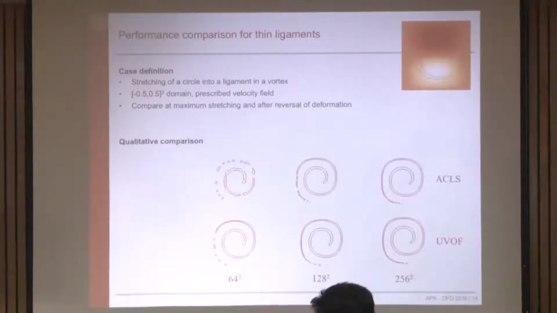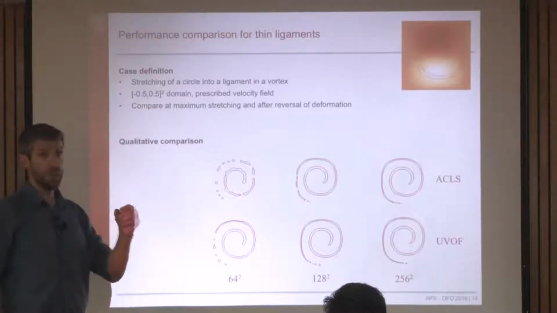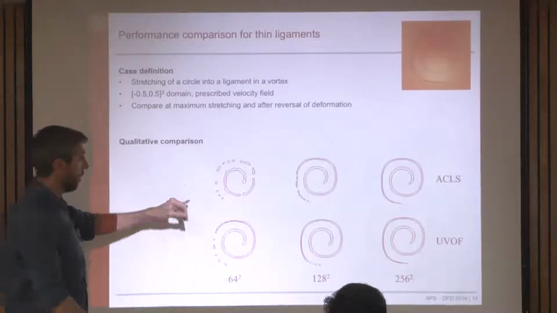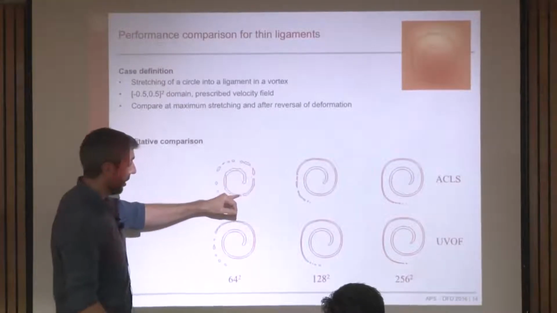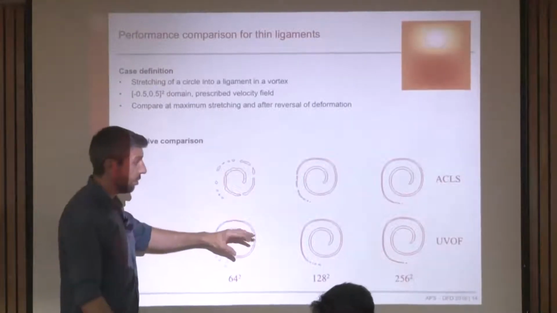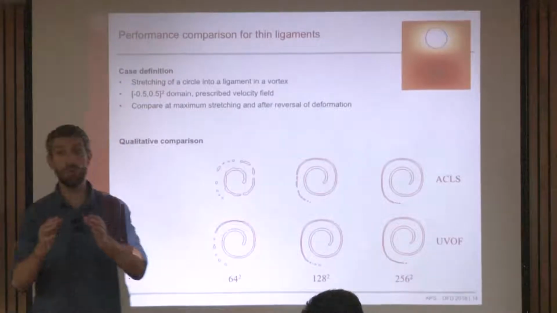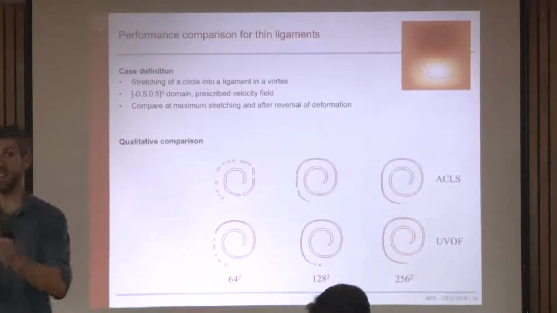We can play with the deformation problem that we looked at already. Again, the performance is pretty similar, but here we have to admit that ACLS, because the profile has a little bit of a thickness to it, ends up breaking the ligaments and undergoing deformation sooner than VOF. VOF is truly able to resolve something on the scale dx.